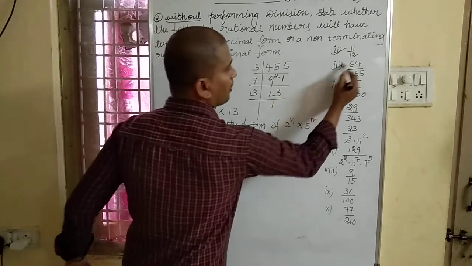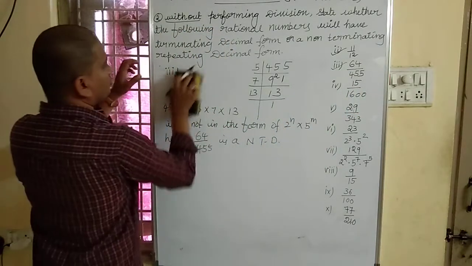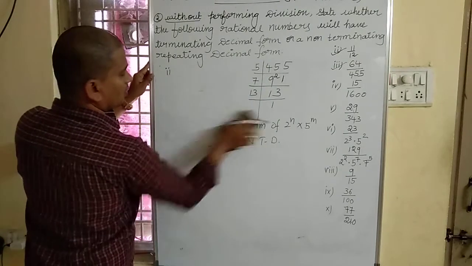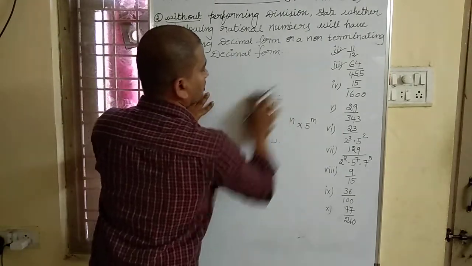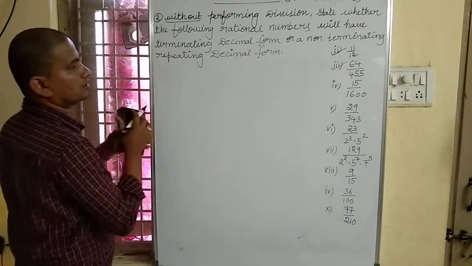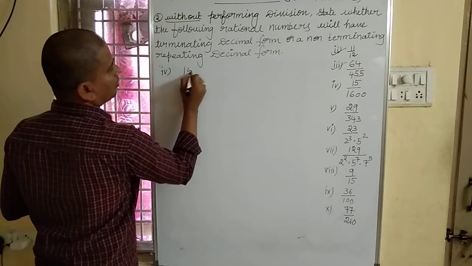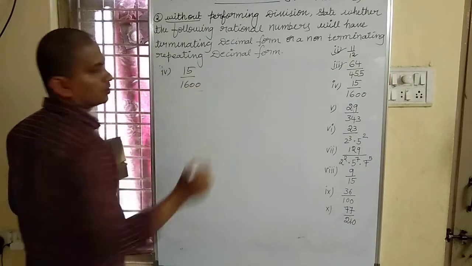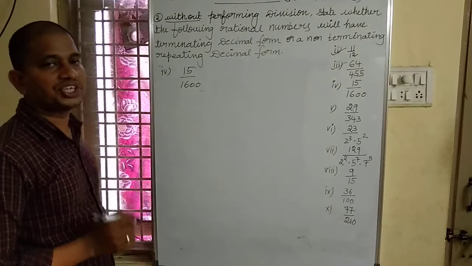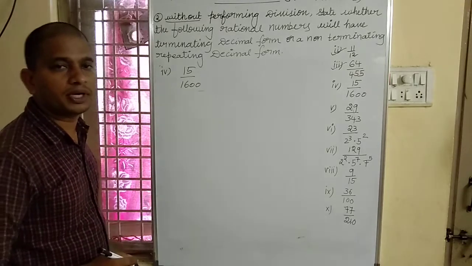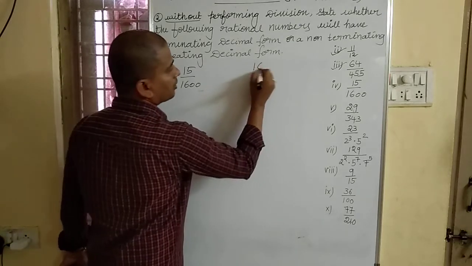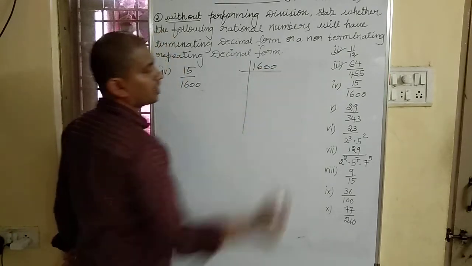Okay. Now coming to the fourth question. By 1600. What is the denominator here? The denominator is 1600.